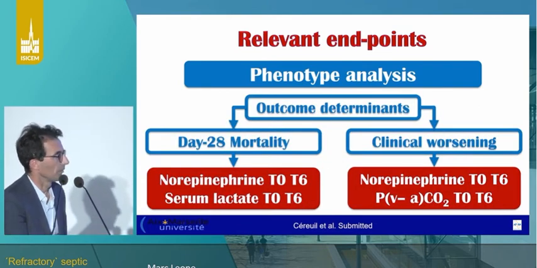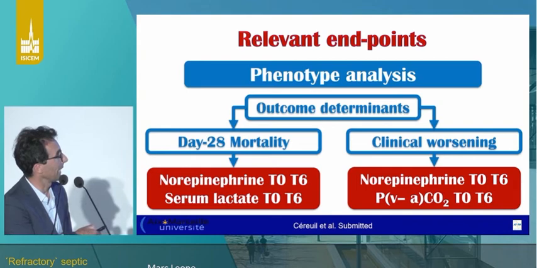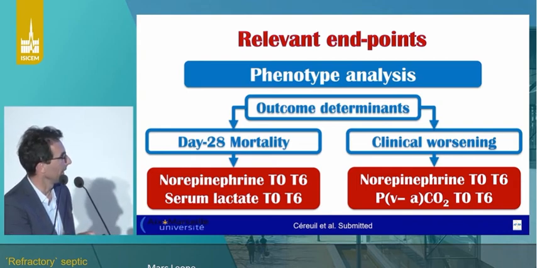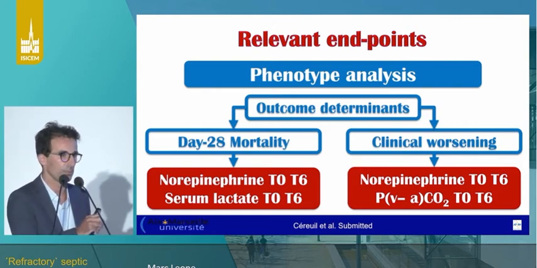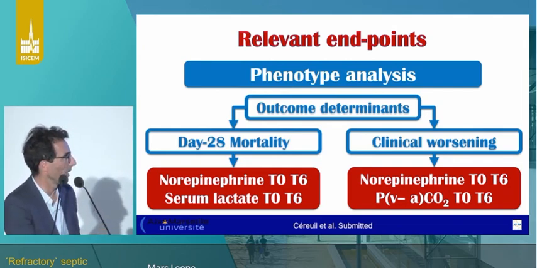The phenotype analysis shows that the outcome determinants for day 28 mortality were norepinephrine dosage at T0 and T6, and serum lactate at T0 and T6. For clinical worsening, which was an increase of SOFA score at day 1, it was norepinephrine dosage at T0 and T6, and the delta PCO2 at T0 and T6.